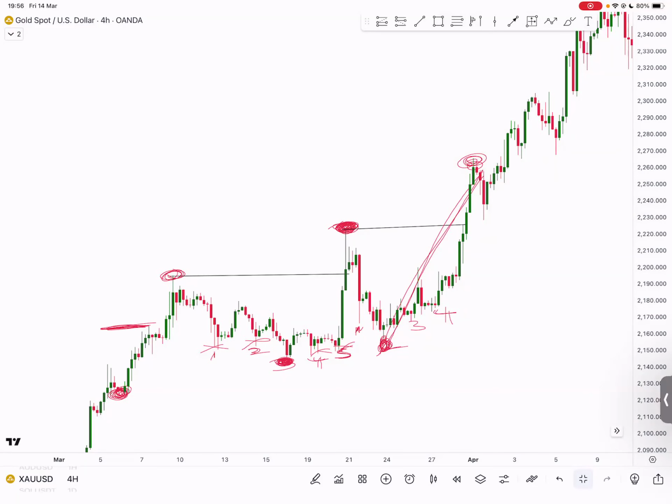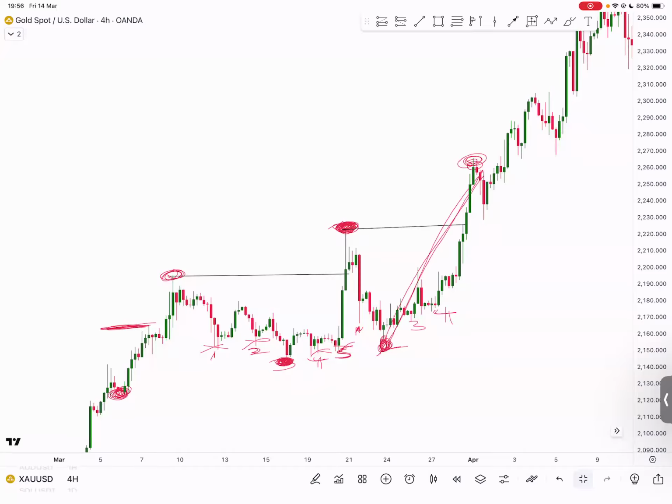My question is, if we have a series of higher highs, higher lows, let's say from 1 to 5, and then a change of character happens, maybe it came back to low two, higher low.